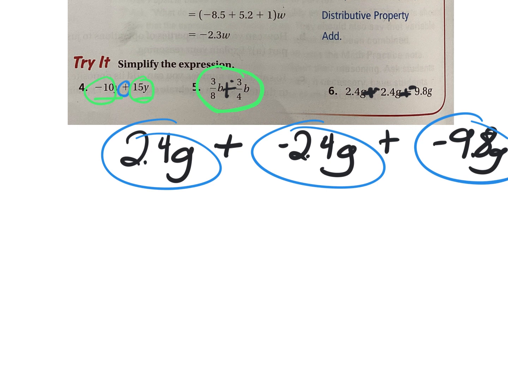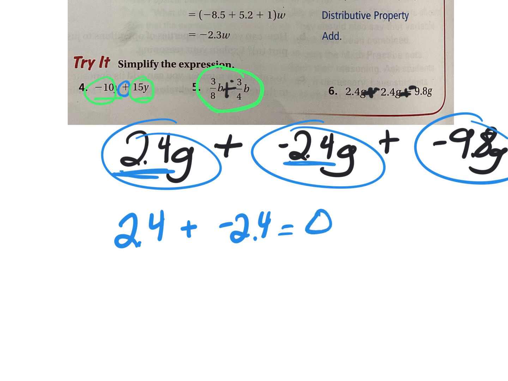Now, this one is kind of not too bad because if I look at a 2.4g plus a negative 2.4g, what's 2.4 plus negative 2.4? If I have a positive 2.4 and I put it with a negative 2.4, I'm going to get 0.